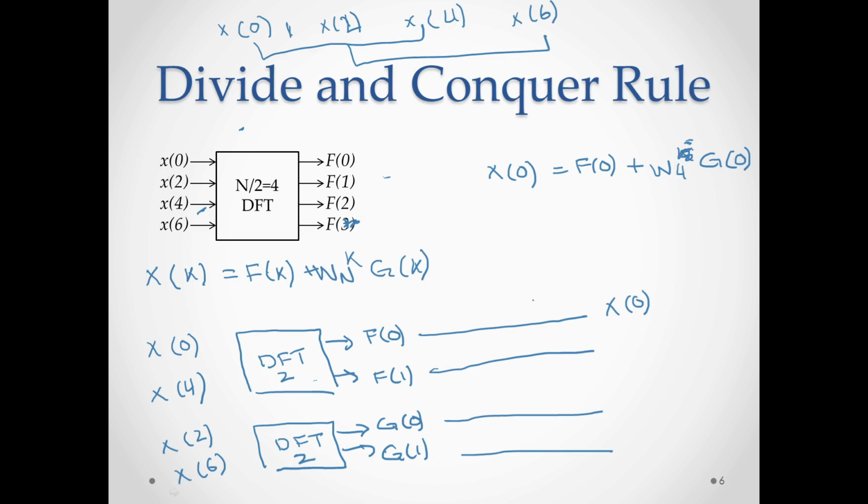This k is also equal to 0, so we will write f of 0 plus w4 0 g of 0. So for x of k, x of 0, we have to draw a line from there to there, which would be multiplied by the term w4 0.